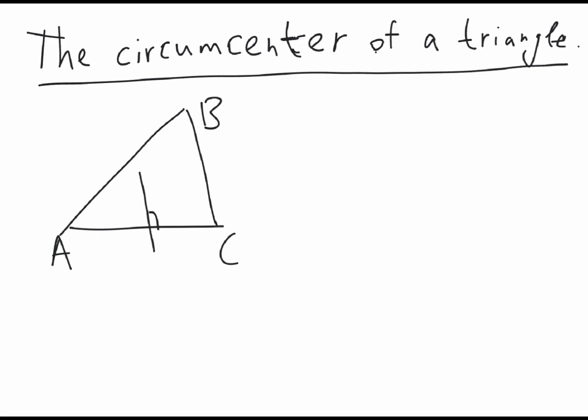So like this is a right angle from the midpoint of the side. This is a right angle from the midpoint of the side, and this is a right angle from the midpoint of the side.